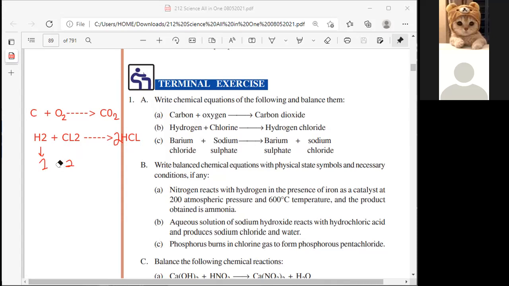Yes, ma'am. Okay. Now let us look at the other one that they have given us. What is the other thing that they have given us? Barium chloride plus sodium sulphate.